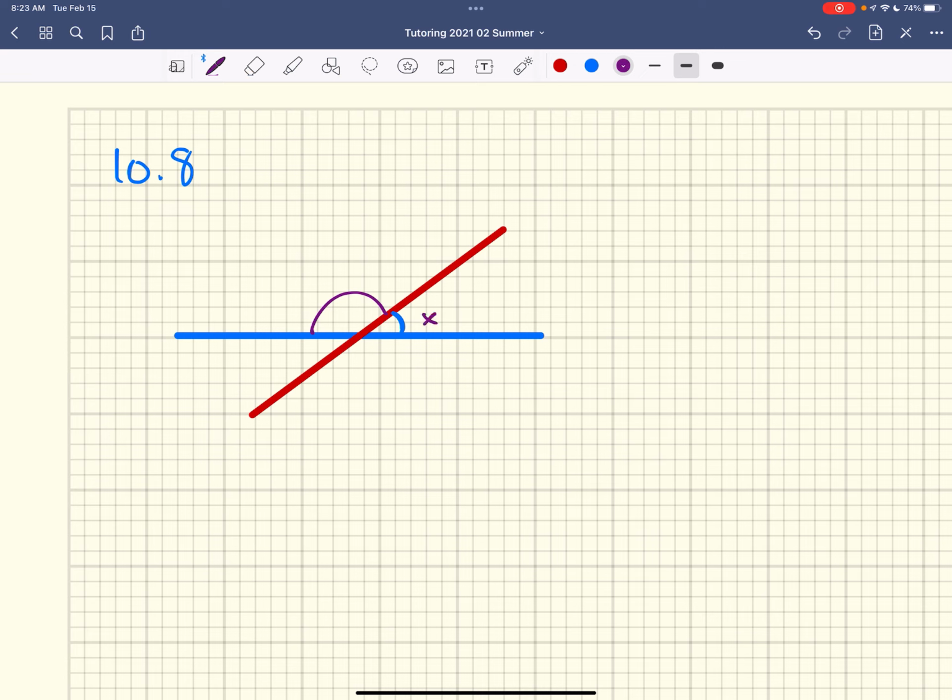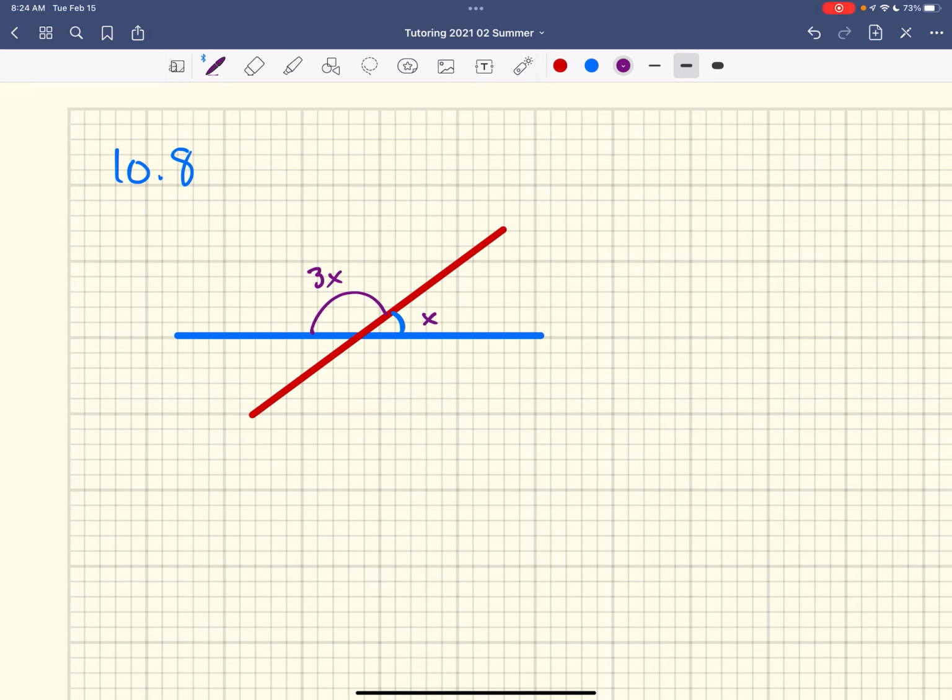Now, if we're following the directions, and that smaller angle is x, what can we go ahead and say about the larger angle? If you said, oh, well, it's equal to 3x, you would be absolutely correct. They said it was 3 times as large as the other angle. And then furthermore, what can we say about these 2 angles together?